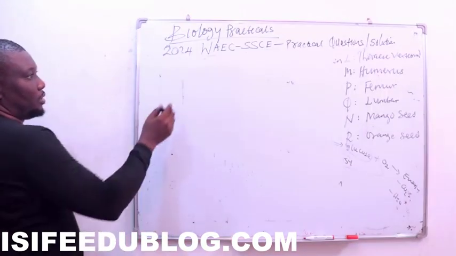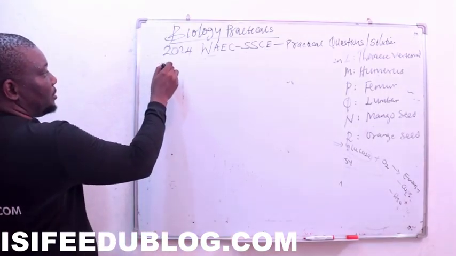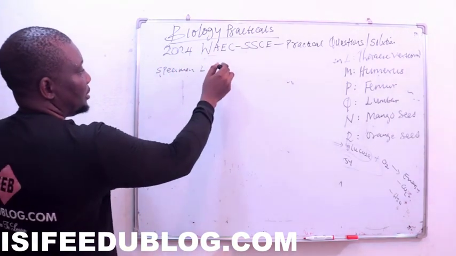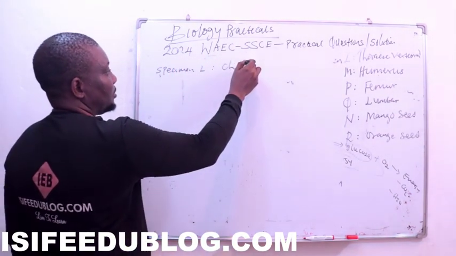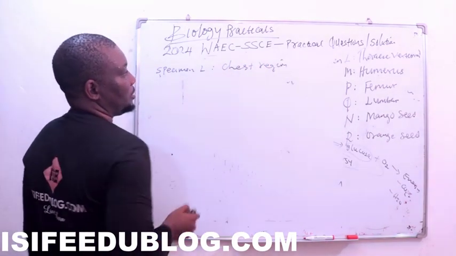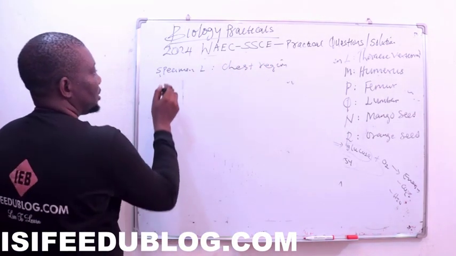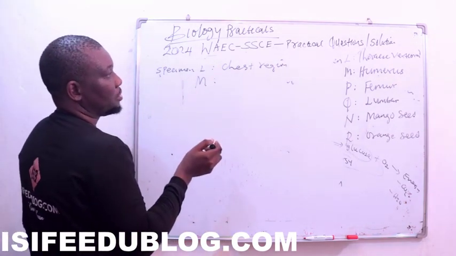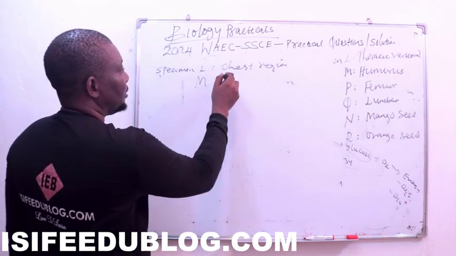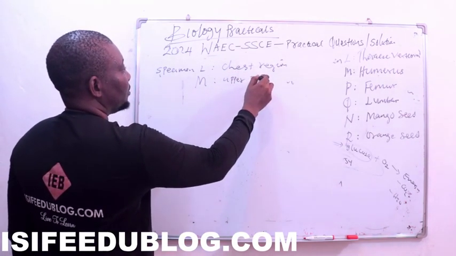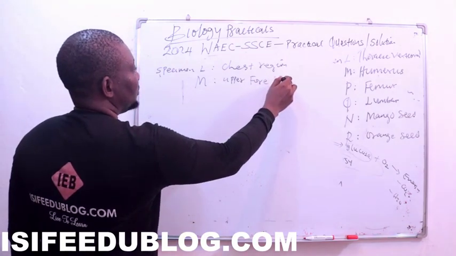Let's start with the location. What is the location of specimen L? Specimen L is located at this region, yes, at the chest region. Specimen M, which is the humerus, is located at the upper limb.